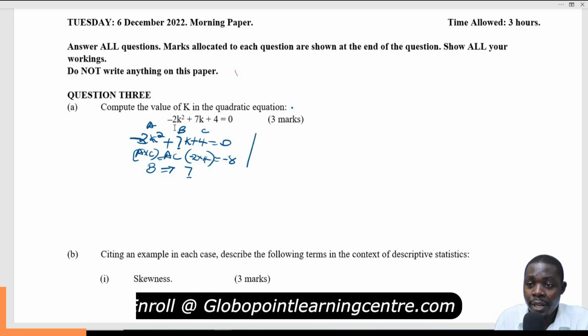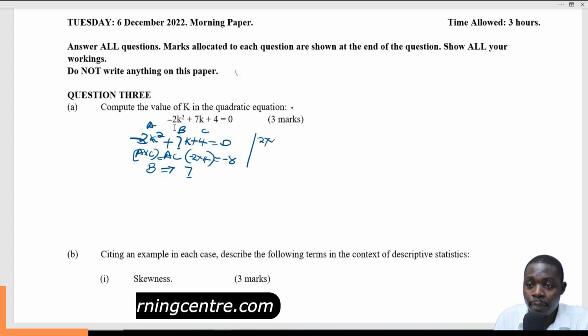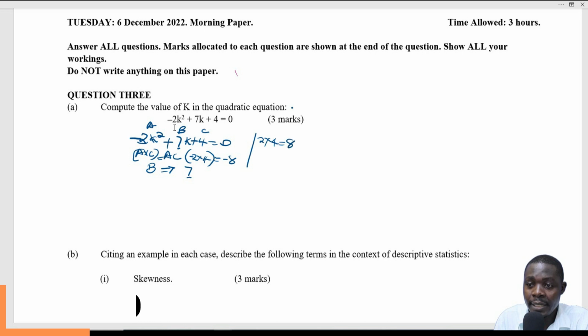The multiple of 8, we can have 2 multiplied by 4, you get 8. But when you take 2 add 4, you get 6, which is not 7. That's meaning this particular pair you are not going to use. Then the other multiple, you can have 1 multiplied by 8, you get 8. Then 1 plus 8, you get 9.